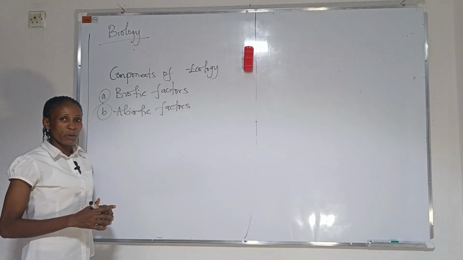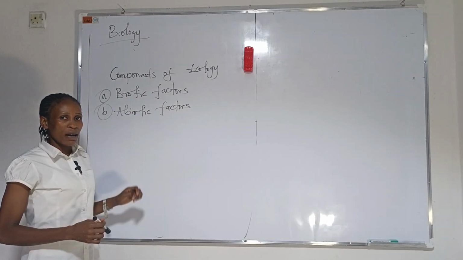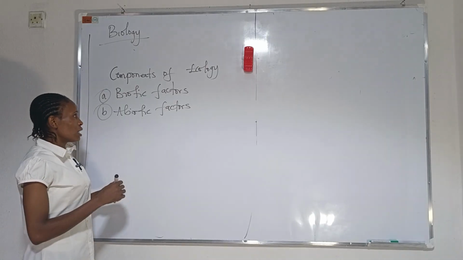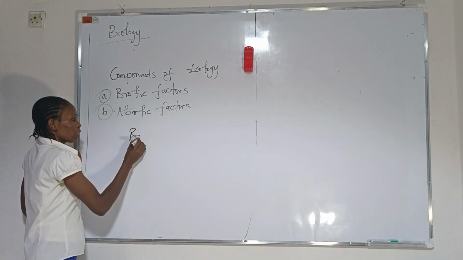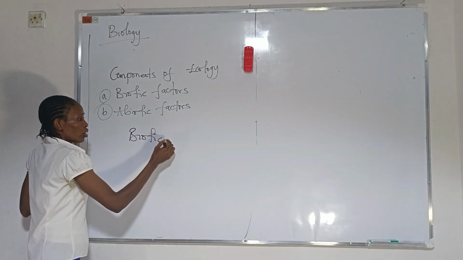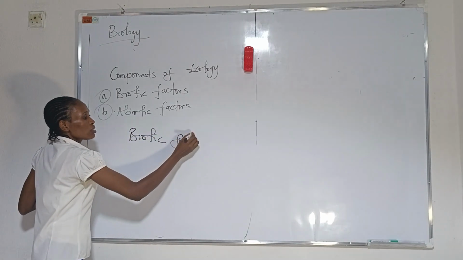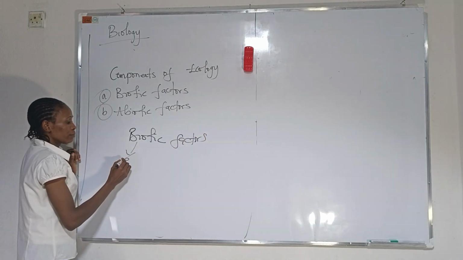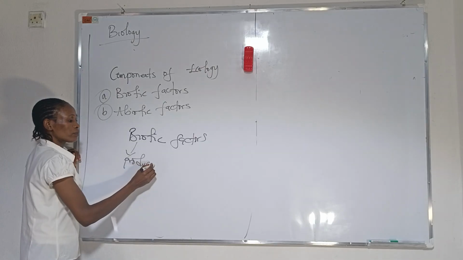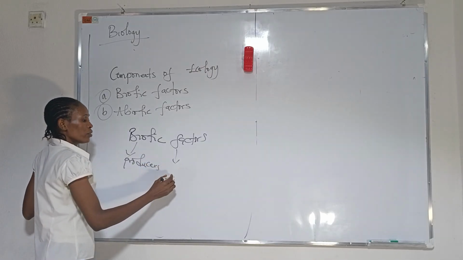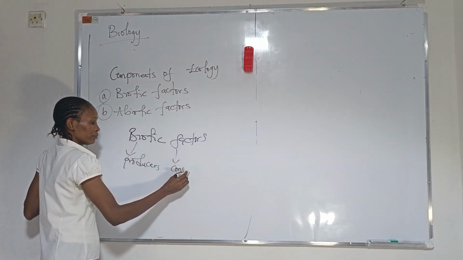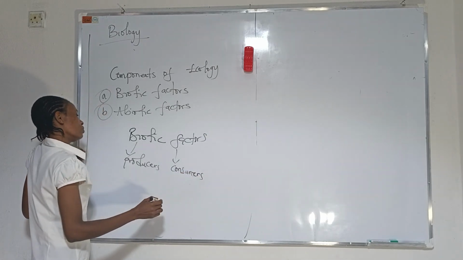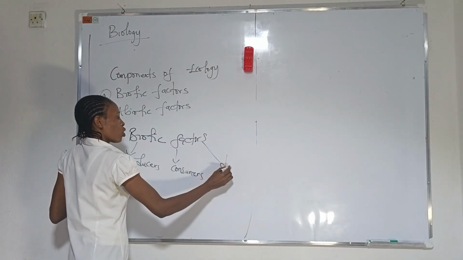Now, let's pick up the first one, which is biotic factors. The biotic factors, as I've explained, include your producers, consumers, and decomposers.